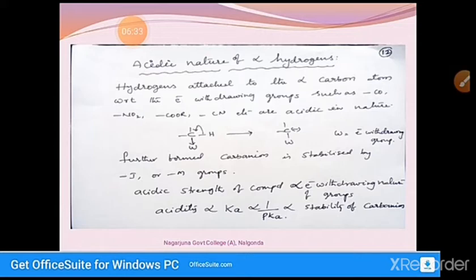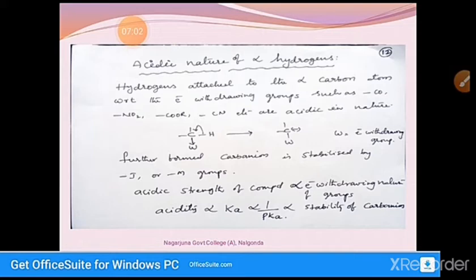Generally these are called active methylene groups. Whenever a CH2 group is linked to electron withdrawing groups like carboxyl, ester, cyanide or nitro, those are called active methylene groups. These active methylene compounds generally show acidic nature due to the presence of alpha hydrogens.